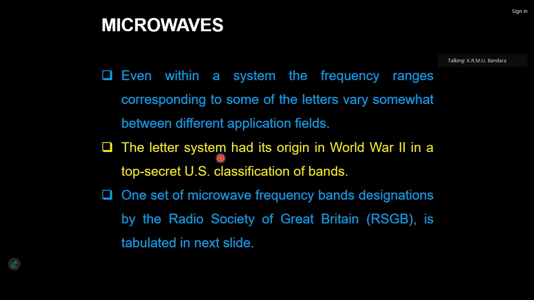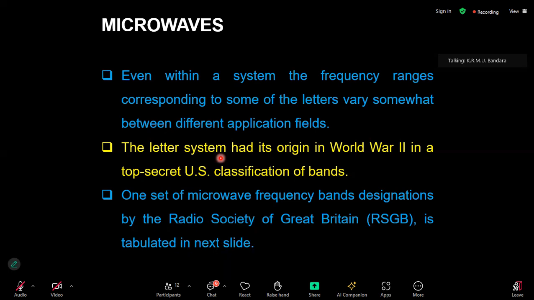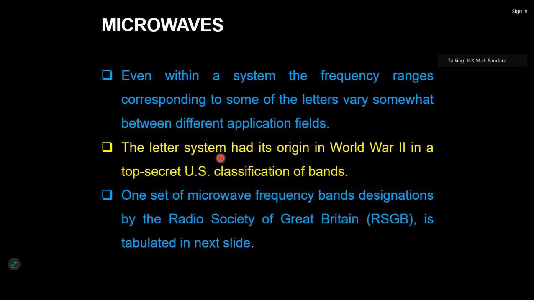Then 8 to 10 is the intersection part, and that is also a problem. Because 1 to 10 millimeter is called the A band and 8 to 15 millimeter is called the B band, A and B intersect somewhere. Therefore, if we use the A band for one application, the B band can also be used for the same application. Therefore, people get confused.